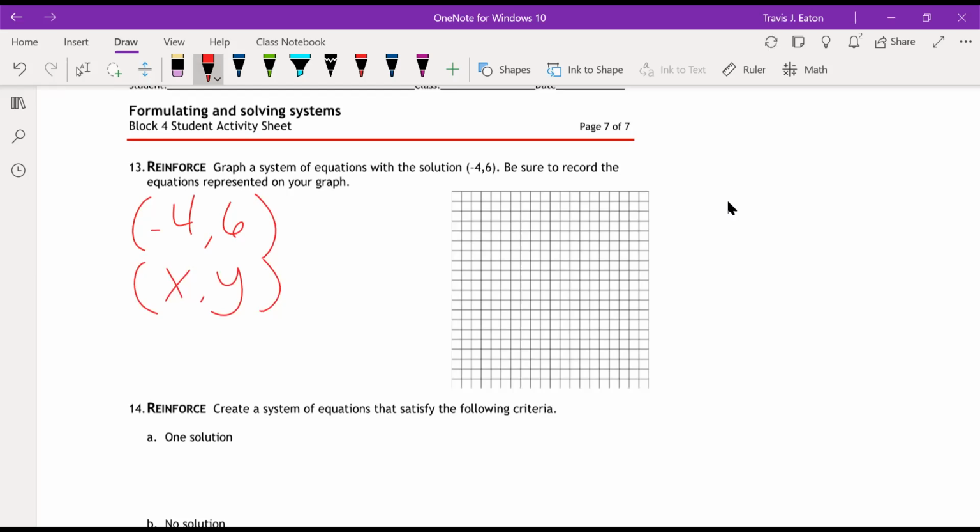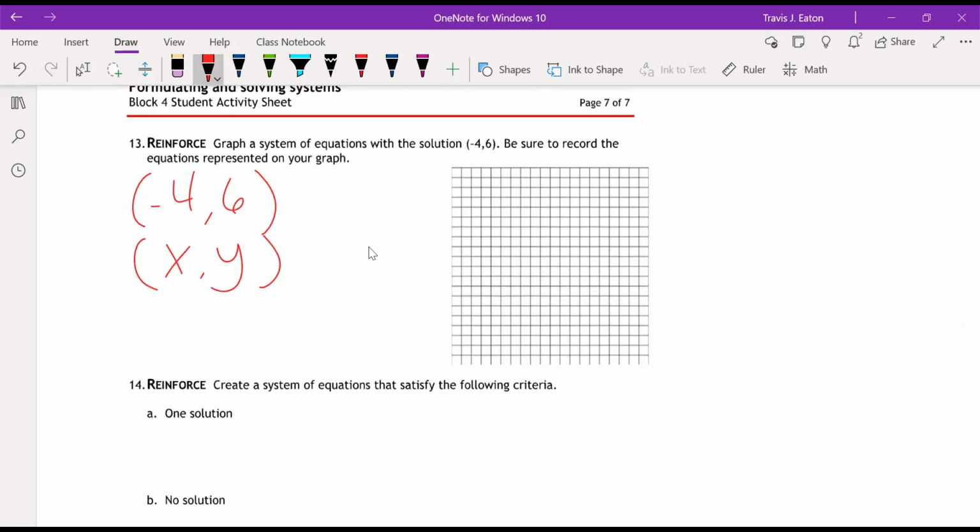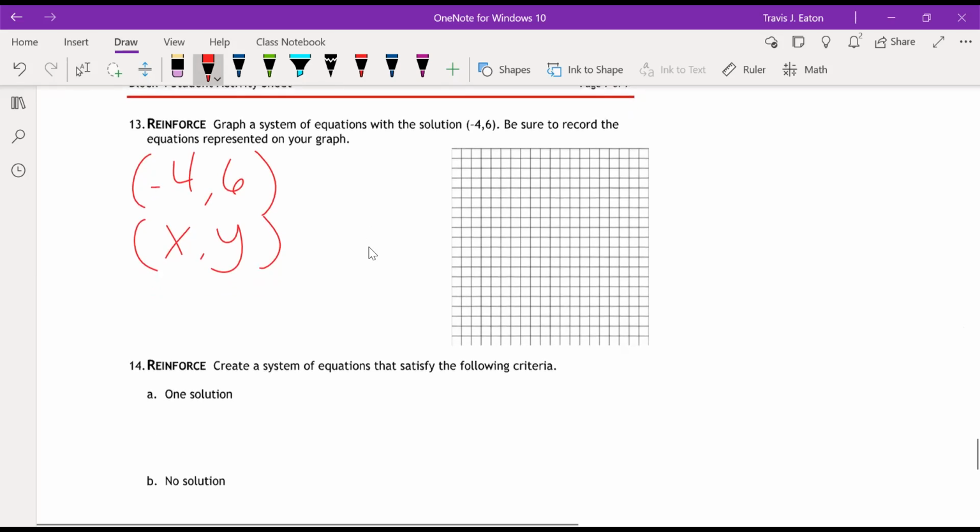Now, what you're going to want to do is come up with two different equations where the lines intersect at -4, 6. So that's entirely up to you to write that out. You just have to come up with a system of two equations that are easy to graph. Make it in slope-intercept form, y equals.